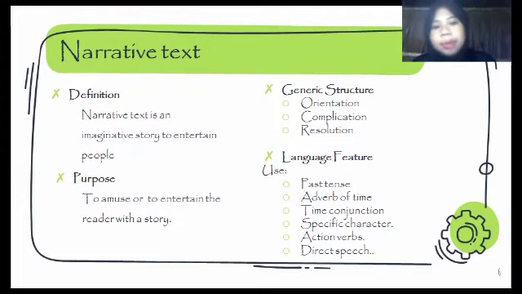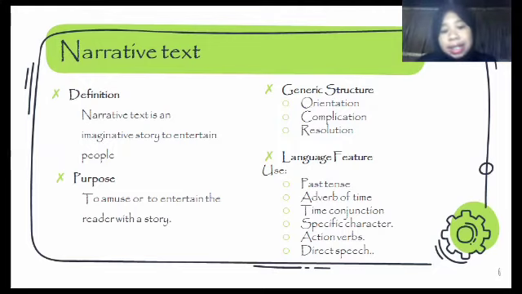And then next, the purpose of the narrative text is to amuse or to entertain the reader with a story. So narrative text is just for entertaining. And next, characteristics or language features of the text.